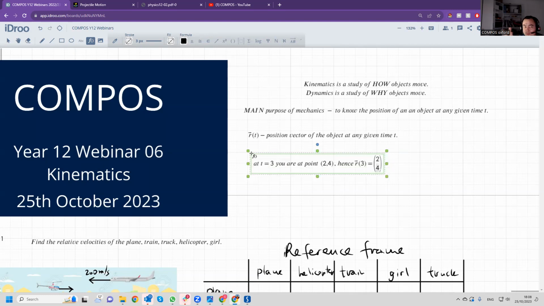This is what it means. So position vector of an object tells you your position at any given time. So it's not rocket science. Well, not necessarily rocket science, because you can talk about rockets. But anyways, it's not that complicated. It's a vector at any given time.